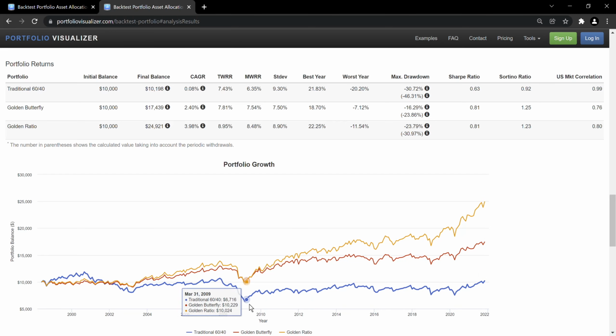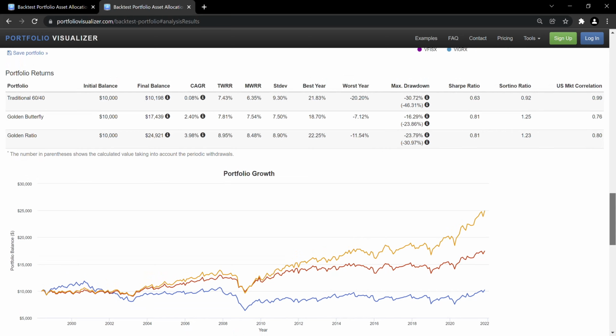It went down as low as 6,700, so it lost 30% of its value. Meanwhile, these risk parity style portfolios continued to grow, even taking out at that higher rate. And so again, you can see that's a much better performance for a drawdown portfolio.